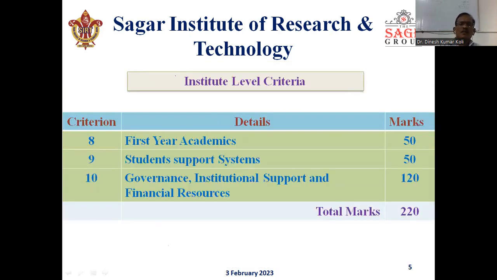For institute level criteria, if you see, we will see the first year academics, and this first year academics covers 50 marks.